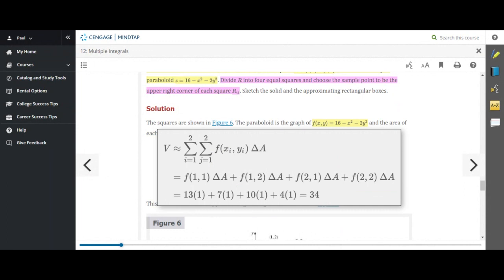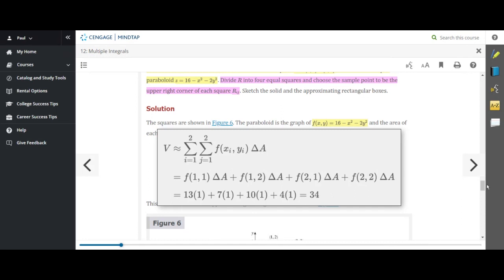So this is how you would estimate the volume if you were to use 4 blocks, and you would get an estimate of 34. Delta A, of course, is the area of each rectangle. Each square is 1 unit long and 1 unit high, so delta A is 1. Okay, and so this is a very straightforward section.